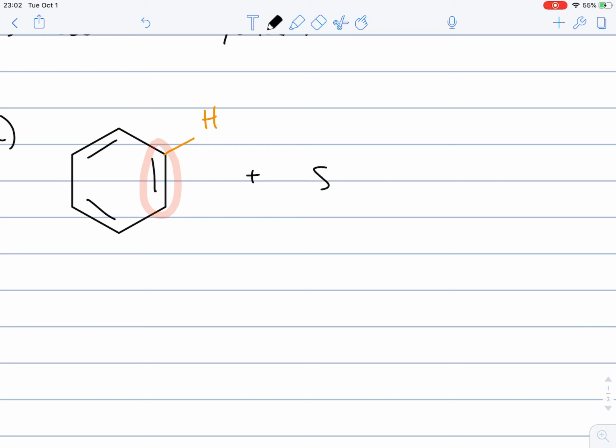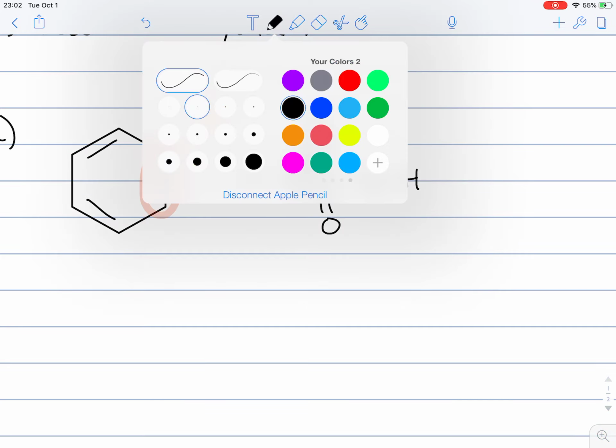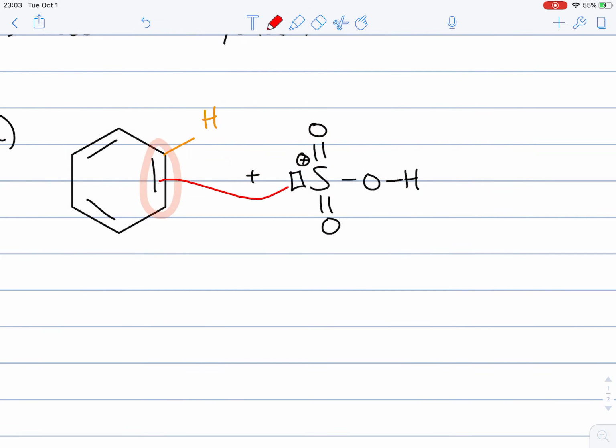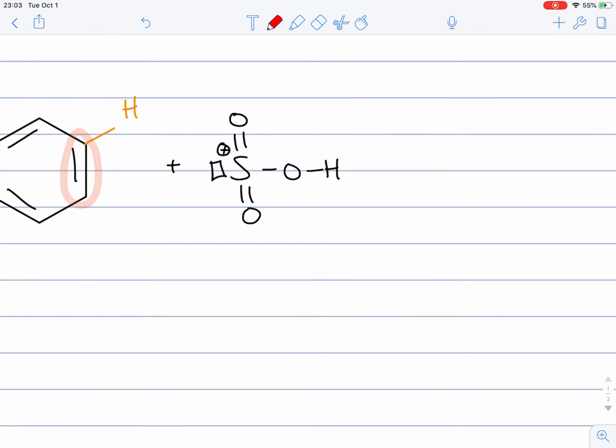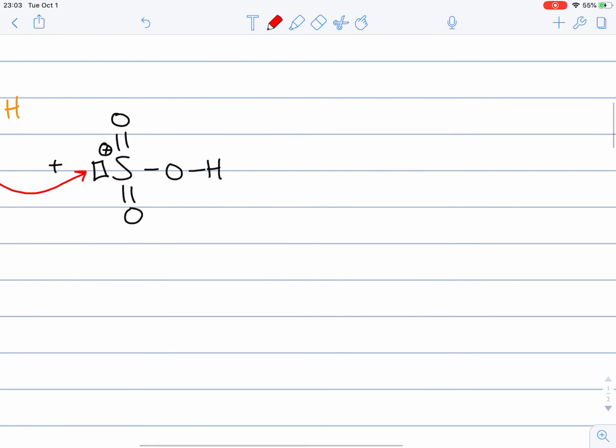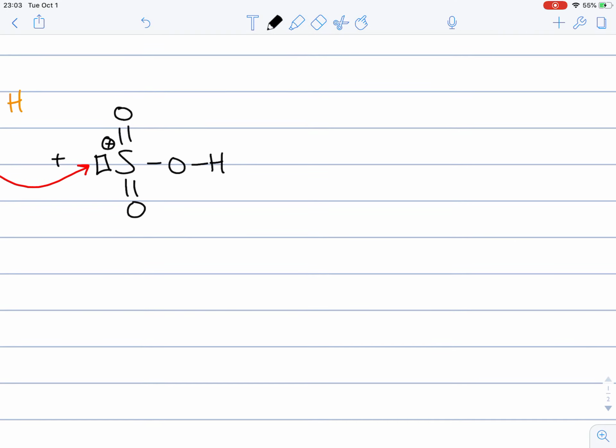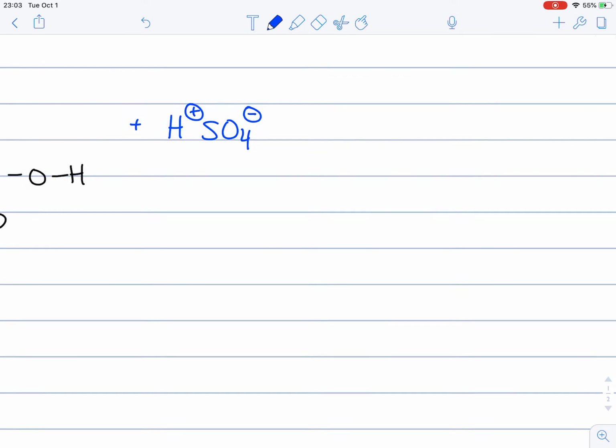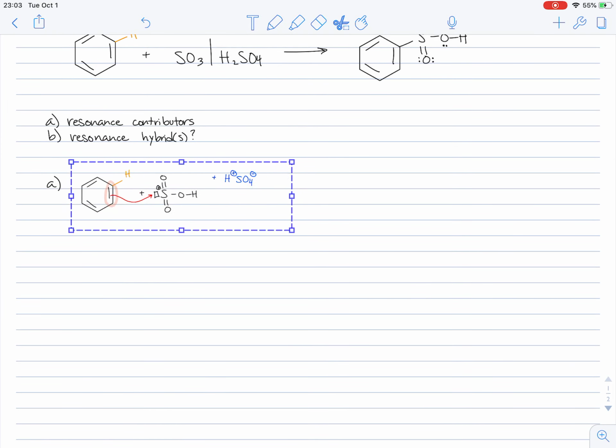And here's an empty space, because sulfur is positive. So basically, in the middle of the pi bond, it attacks that. And, of course, you have to have your counter ion.